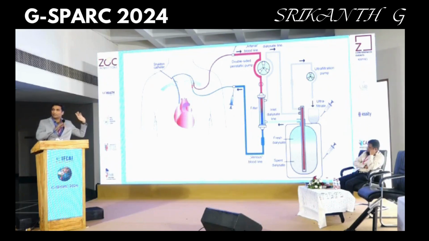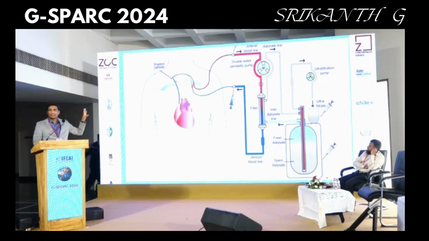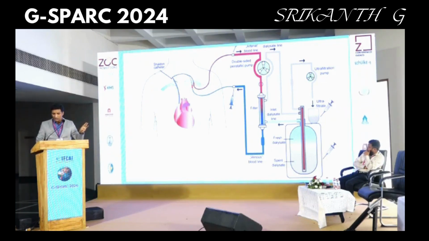That is the basic principle of dialysis. This is essential for removing the toxins and doing ultrafiltration in patients. So this is the circuit of a standard dialysis. The infections revolve around these two systems. One is the blood system of the patient, the other is the water system of the dialysis.